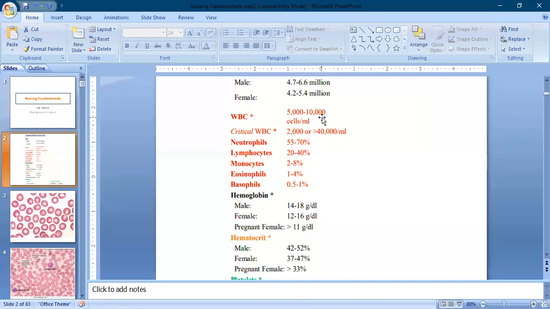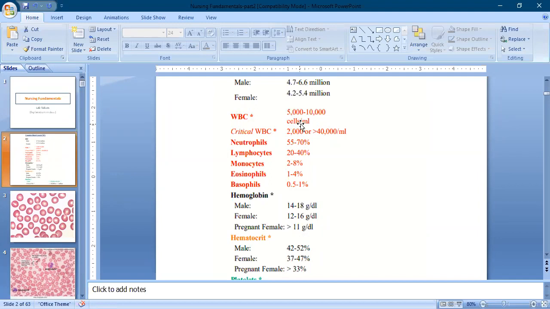And definitely if a patient has an infection, they come to you with a fever or associated signs and symptoms. So when the WBC is more than 10,000, it's called leukocytosis. When it's less than 5,000, it's called leukopenia.